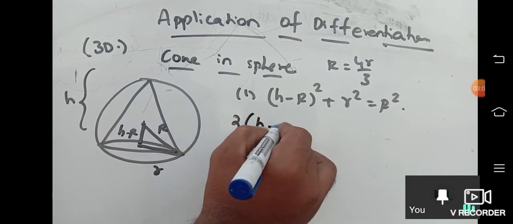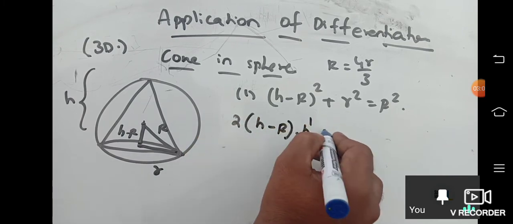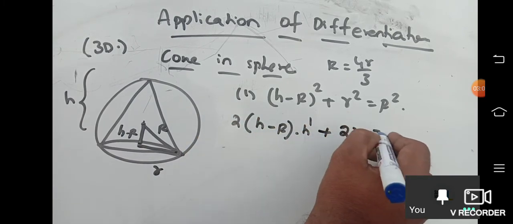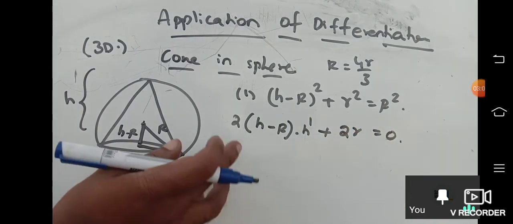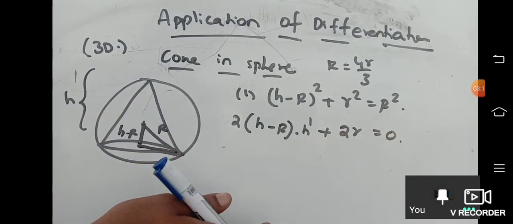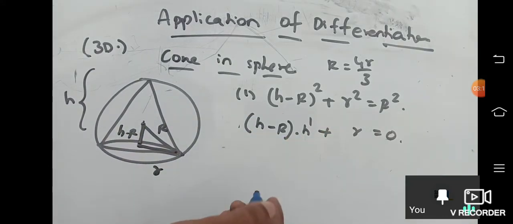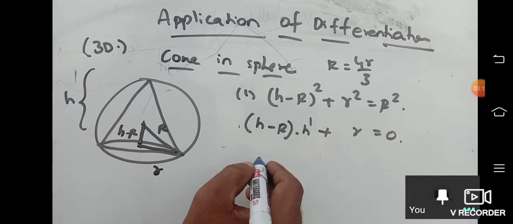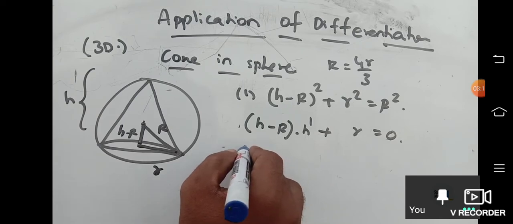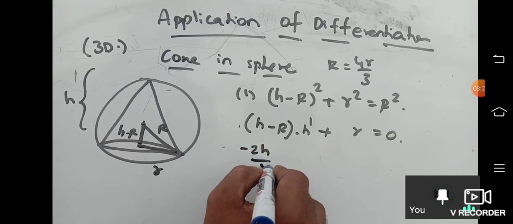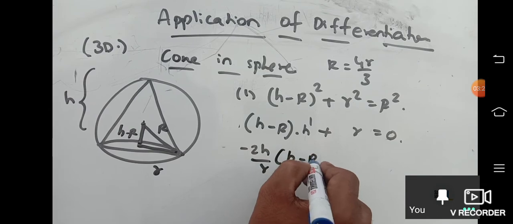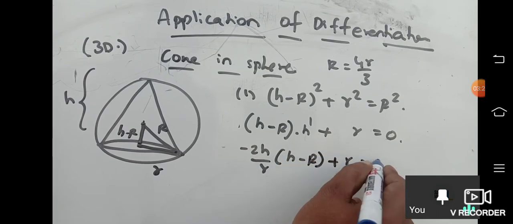2 into h minus r into h dash plus 4. Can I remove 2? I want to remove 2, because anyway that's 0 only. Next tell me, h dash equal to how much? Minus 2h by smaller r, into this, is equal to 0.